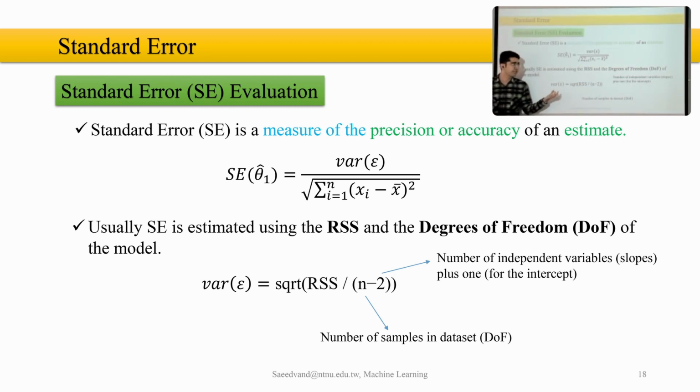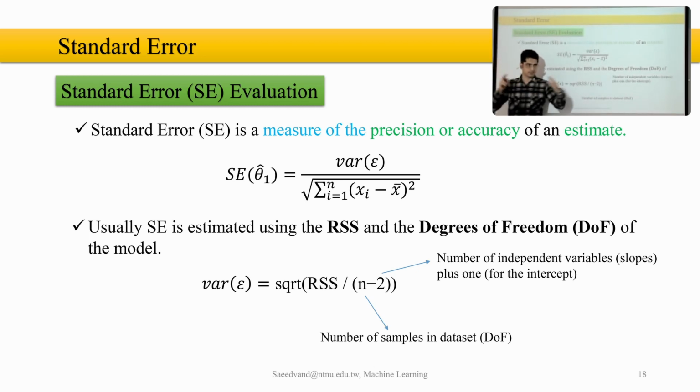How is it considering? We say variance of the epsilon can be written in this form. We already know how to calculate the RSS, right? That RSS value after calculation can come here and be divided by n minus 2. What is the n minus 2? N is the number of samples in the data set, which we call degrees of freedom here.